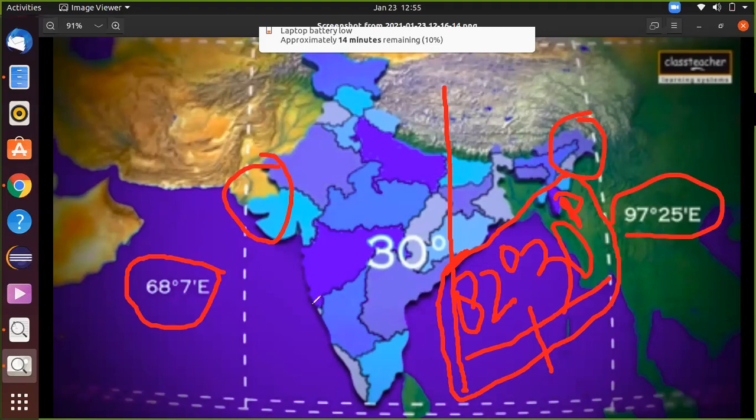If we multiply this 82 degrees 30 minutes by 4, because 1 degree is equal to 4 minutes, it adds up to about 5 hours 30 minutes. So India has a time difference of 5 hours 30 minutes from Greenwich Mean Time.